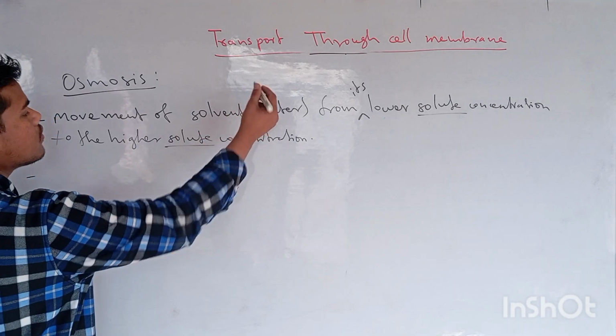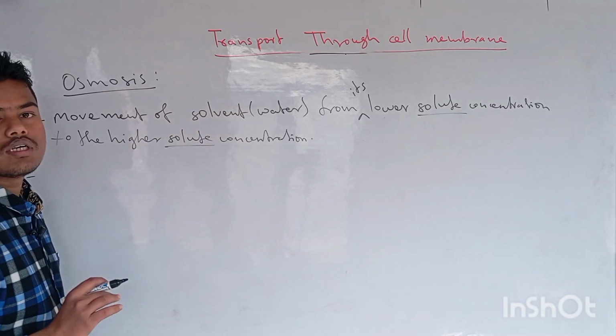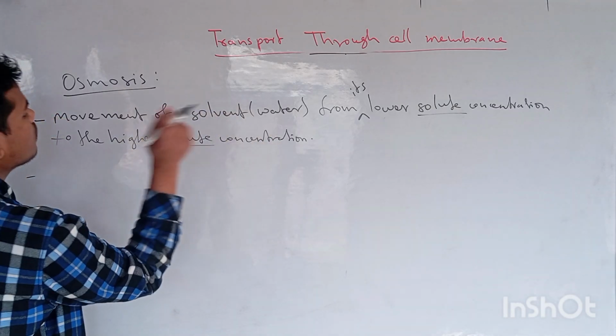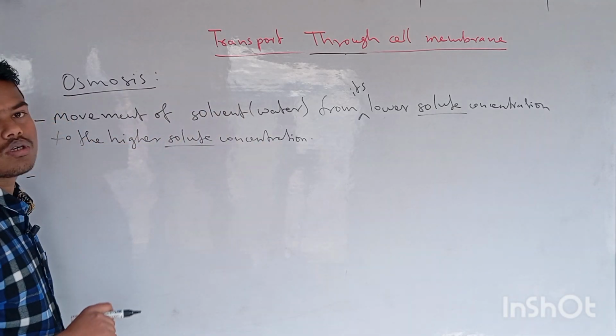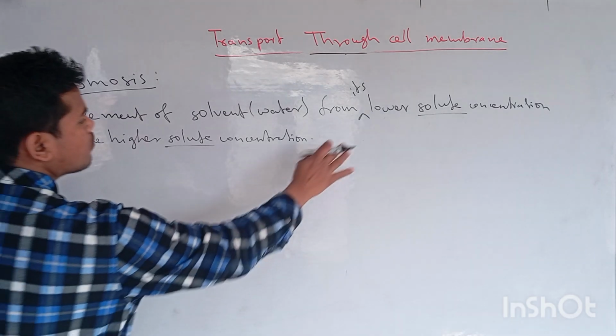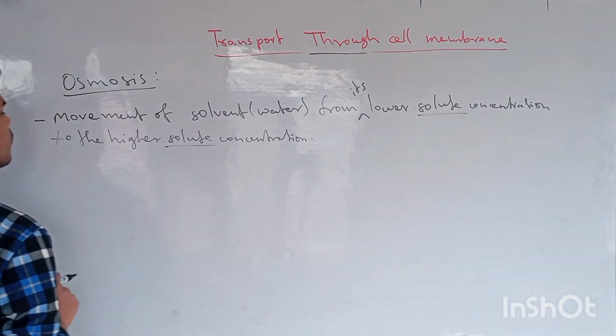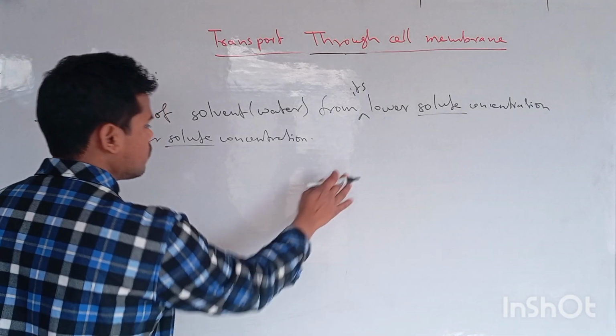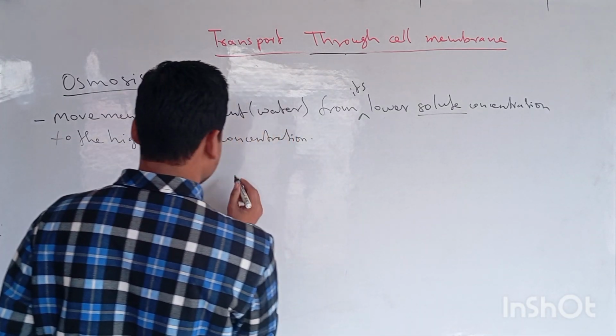But water or solvent does not have any concentration. Concentration is only of the solute. So that definition is not so applicable. So again, let me put an example here.